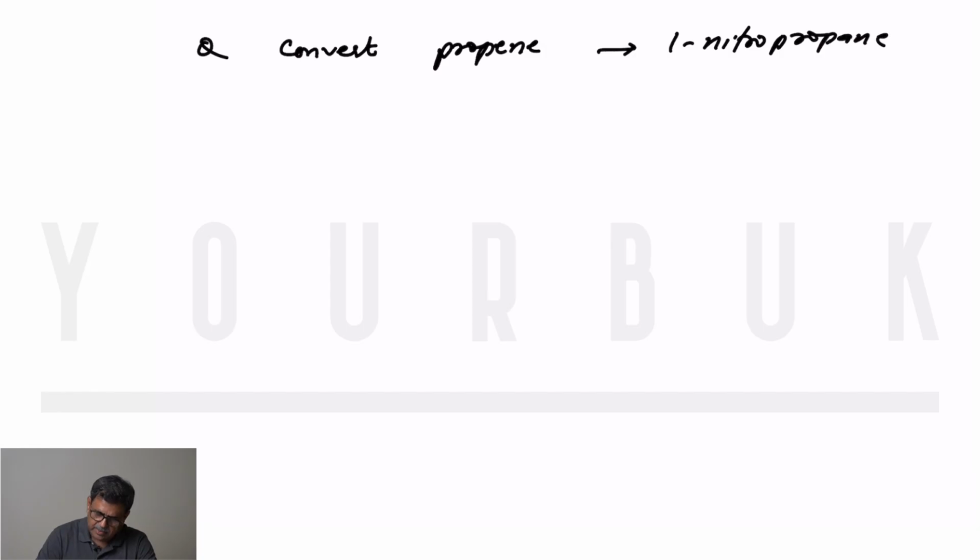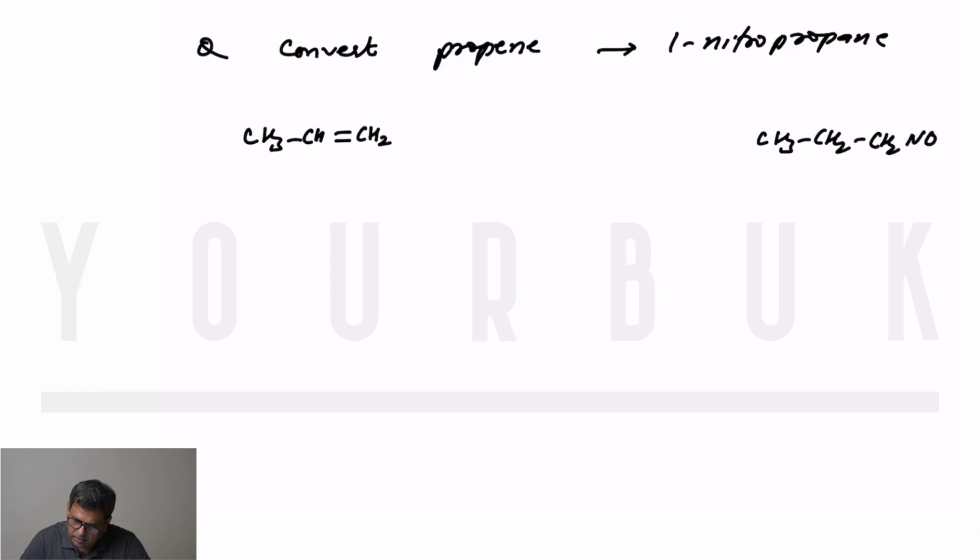So first of all, you write the structure. This is my starting compound propene, and my aim is to prepare 1-nitropropane. So my aim is to add an NO2 group at this carbon, but I can't add NO2 directly. The only group which you can add to this carbon is bromine using HBr in the presence of peroxide, anti-Markovnikov addition.